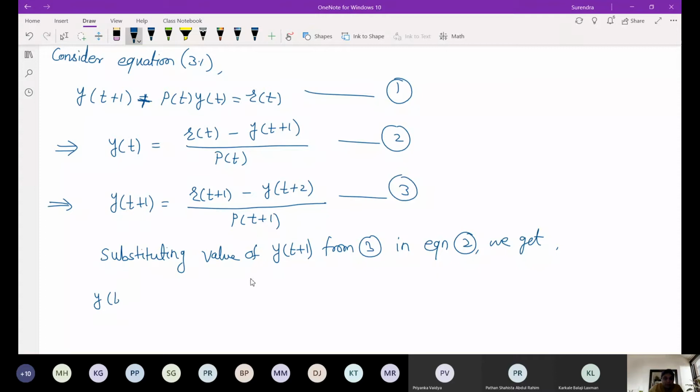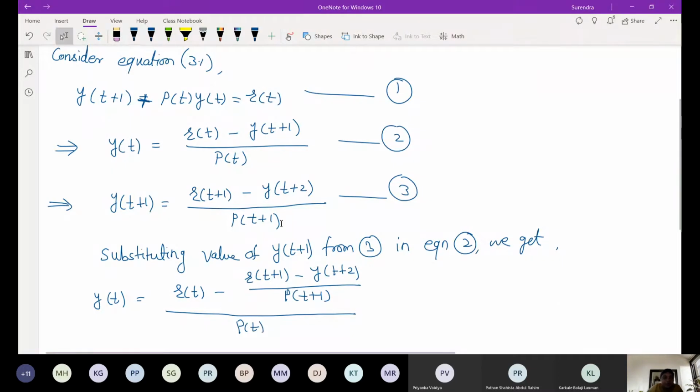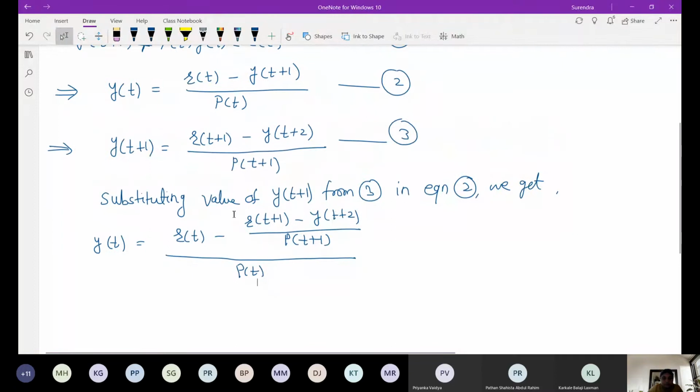Y at t I can write as r t minus y at t plus 1, which is r at t plus 1 minus y at t plus 2 divided by p at t plus 1, and the whole thing is divided by p at t. Is that right? This y at t plus 1 I have substituted in the second equation, so I got y of t. Is that okay?